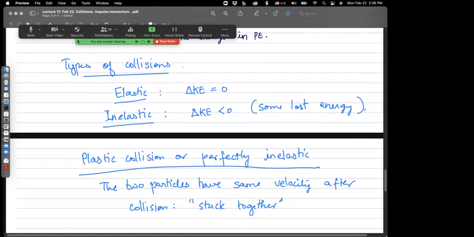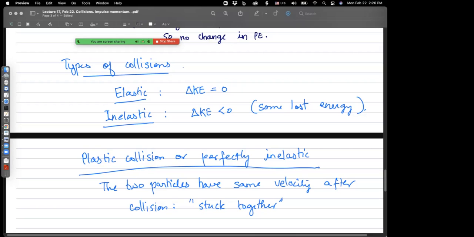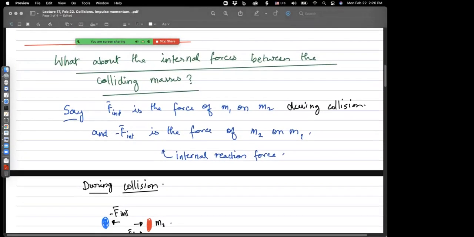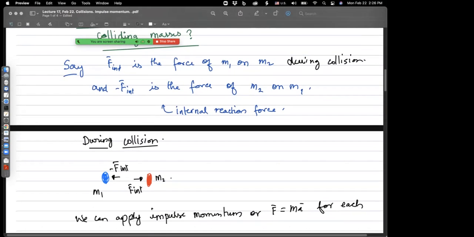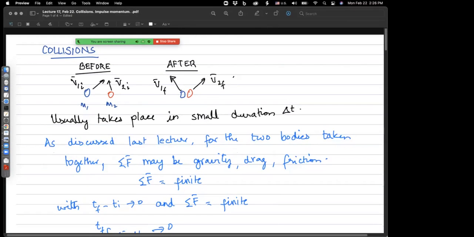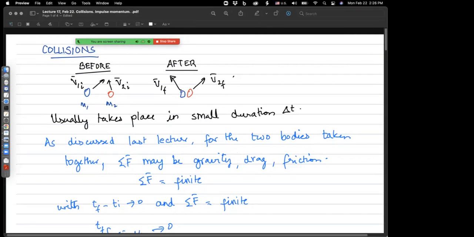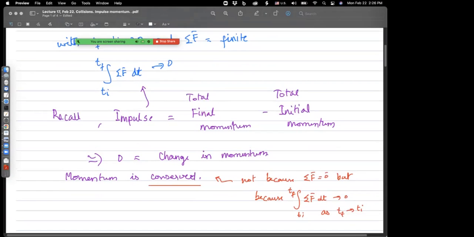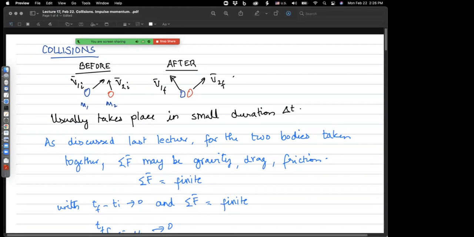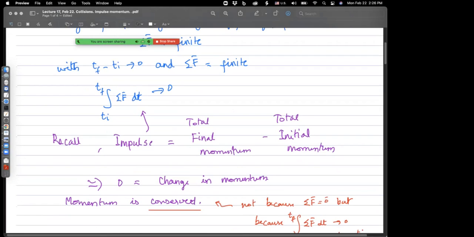So, plastic collisions. It's not that the two particles come to rest, right? Unfortunately, the two particles cannot come to rest completely, except in some special cases, because the system needs to satisfy momentum conservation. We said the momentum is conserved. So unless you start out with 0 momentum, the final velocities of both objects cannot be 0, because you need to conserve momentum.